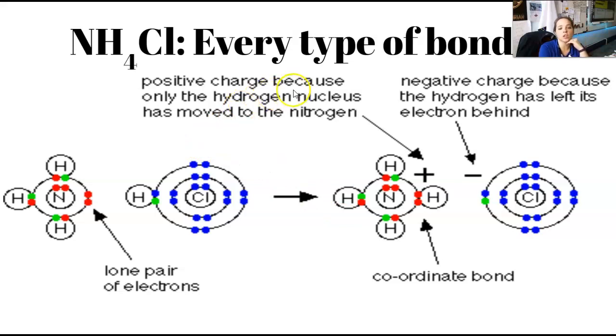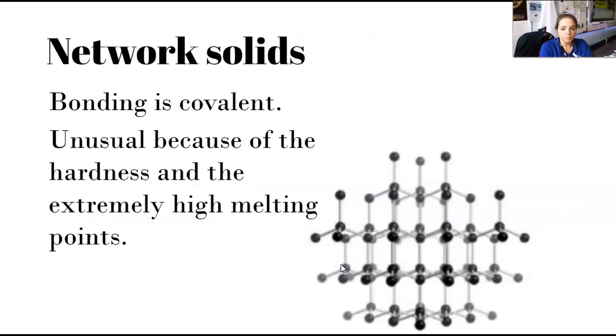So the positive charge is because only the hydrogen nucleus has moved to the nitrogen. So the nitrogen has more electronegativity than the chlorine, so it literally pulls that hydrogen off. They separate, and it forms this coordinate covalent bond.